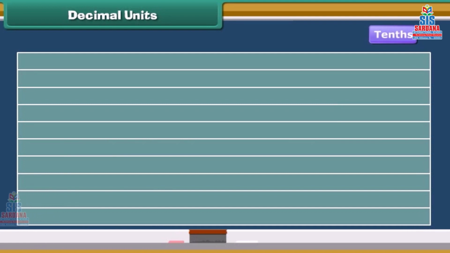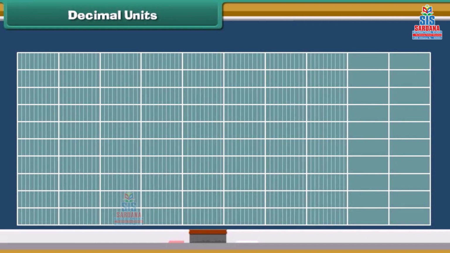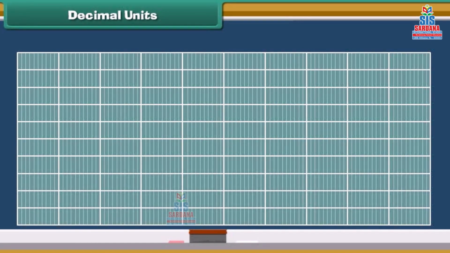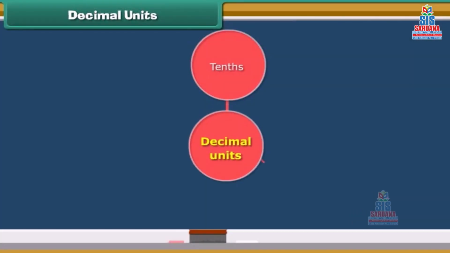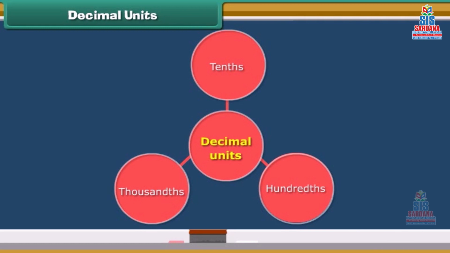Now, if we divide those rectangles into 10 smaller rectangles, then we have 10 times 10 or 100 parts of 1, that is hundredths. Dividing those rectangles into 10 smaller rectangles again, we have 10 times 100 or 1000 parts of 1, that is thousandths. So, the fractions tenths, hundredths, thousandths are called decimal units.